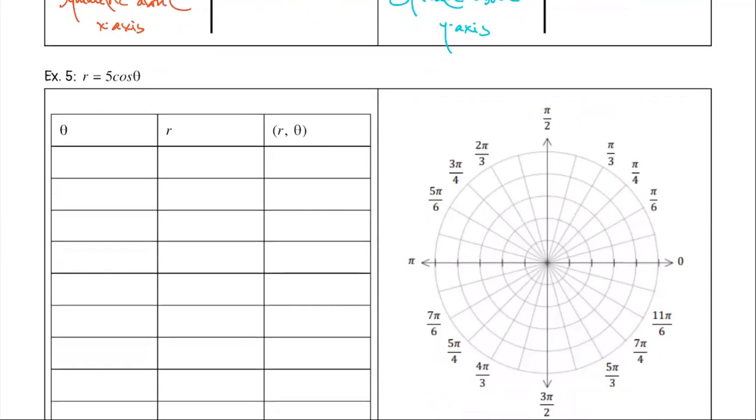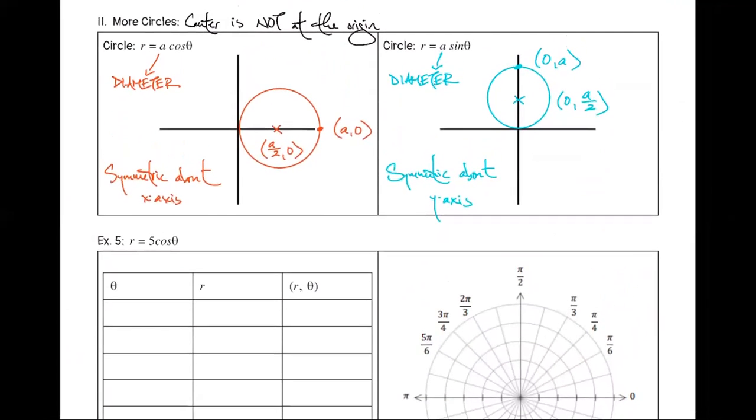So let's start off with example 5. Example 5 says that we have 5 cosine theta. According to our table above, we know that this is a circle with a radius of what? What is the radius of this circle going to be? 2.5, good.